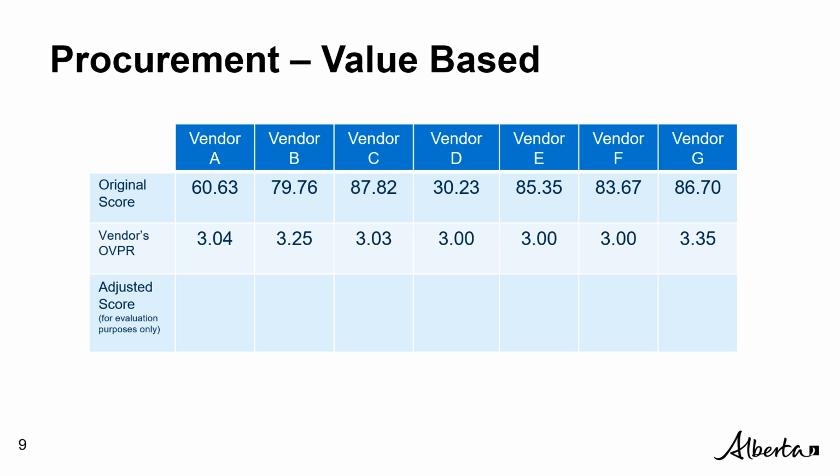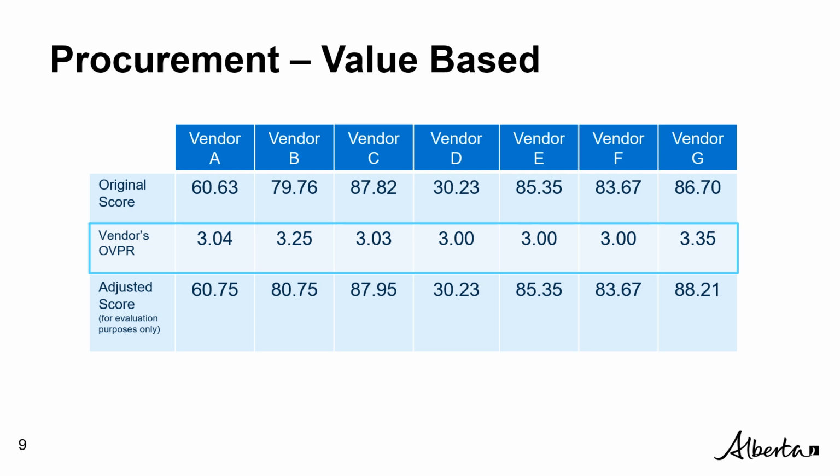Here is an example of a value-based procurement, where the vendor with the highest score is a successful proponent. Before considering the OVPR adjustment for this procurement, vendor C has the highest score at 87.82 and therefore would be the successful proponent of this procurement.